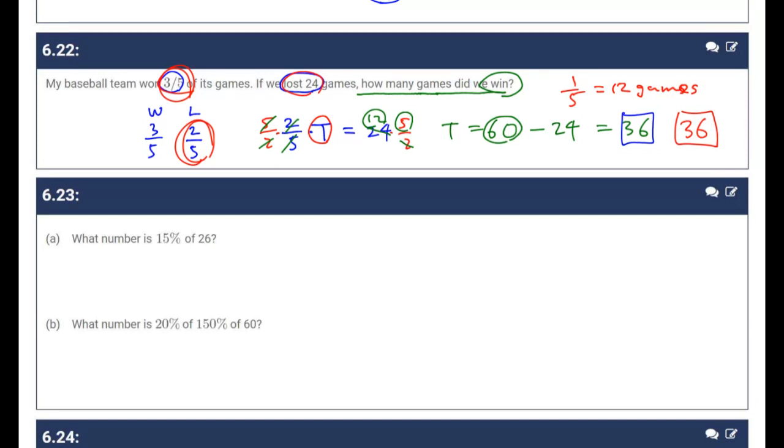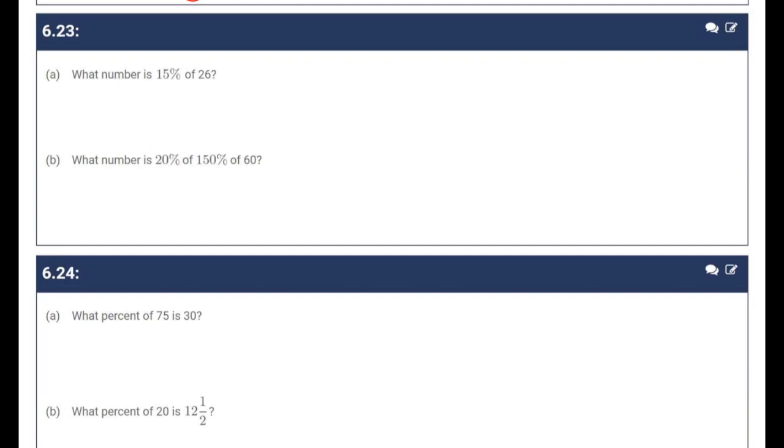Now I'm going to move on to percentage questions. So number 23. These questions you can just translate as you read. What number means x is equal. 15% is 15%, since percentage is not really an actual number, so I need to divide by 100 to change it to a fraction, or you can use 0.15, but in this case, a fraction might be better than a decimal number, right? And you know "of" is multiplication, and 26.